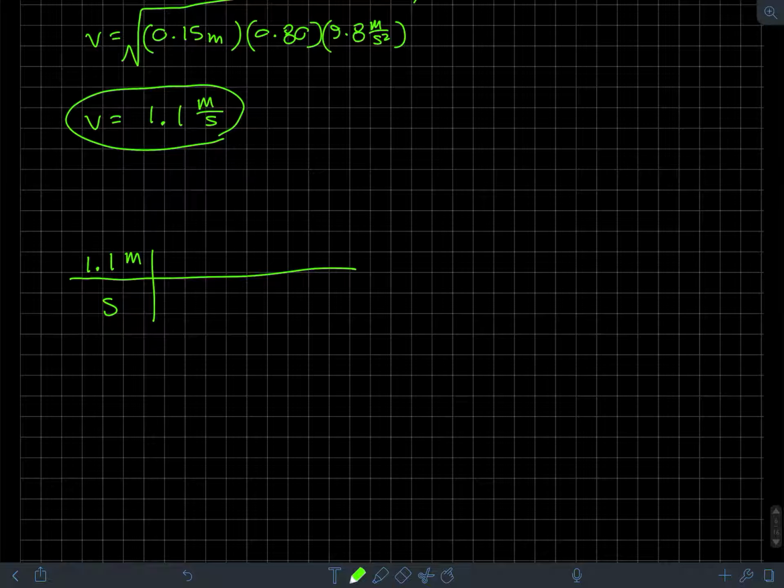Now what we want is to convert this to RPMs. So that means that, you know what? No, I'm going to do this a little bit different way. Let's start this over. I'm going to show you this way. So 1.1, actually, no, let me go back.